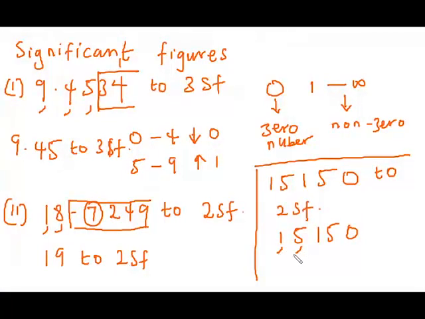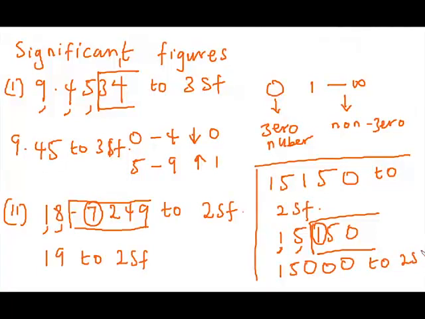Both of them are non-zero numbers. So the rest of the numbers have to be eliminated, but not really eliminated as in the decimal place form. This 1 is rounded down to 0 and then added to this one, so this becomes 15. But when we are dealing with whole numbers, we do not remove the numbers totally, so they are represented by zeros. So this means that we have 15,000 to two significant figures.